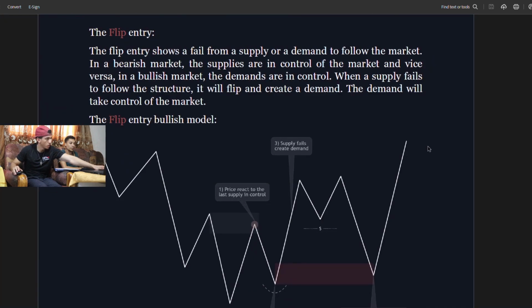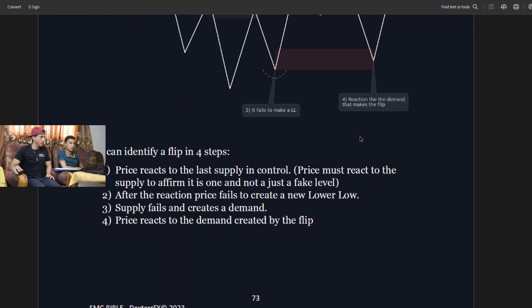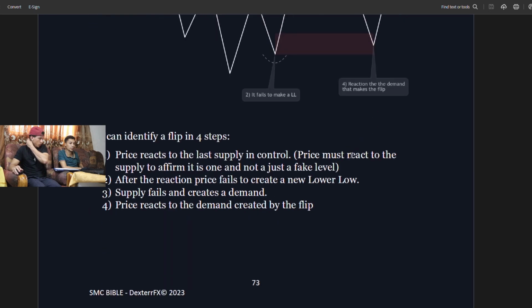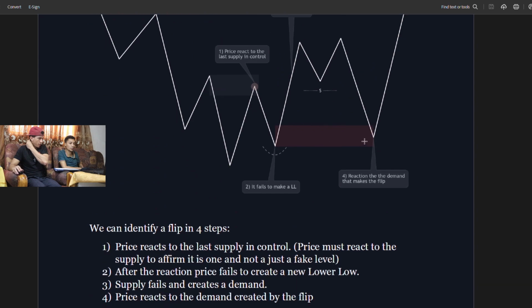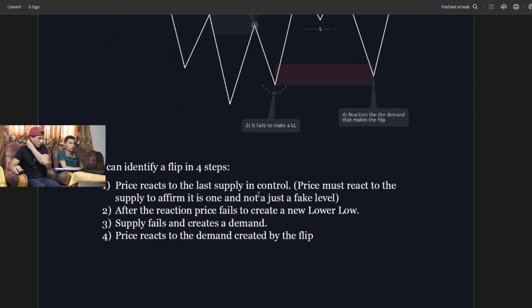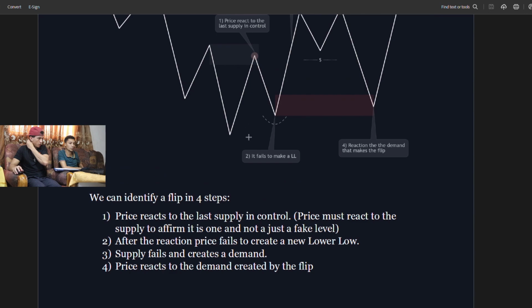You can pause the video here and read that once again. We can identify a flip in 4 steps, which we've just gone through briefly. Price reacts to the last supply in control, which was here. Price must react to the supply to affirm it is one and not just a fake level.